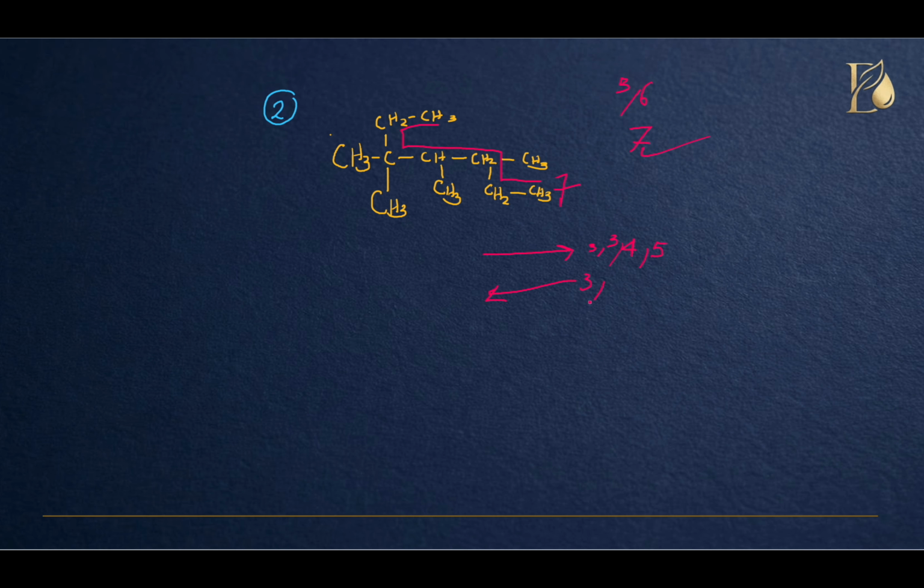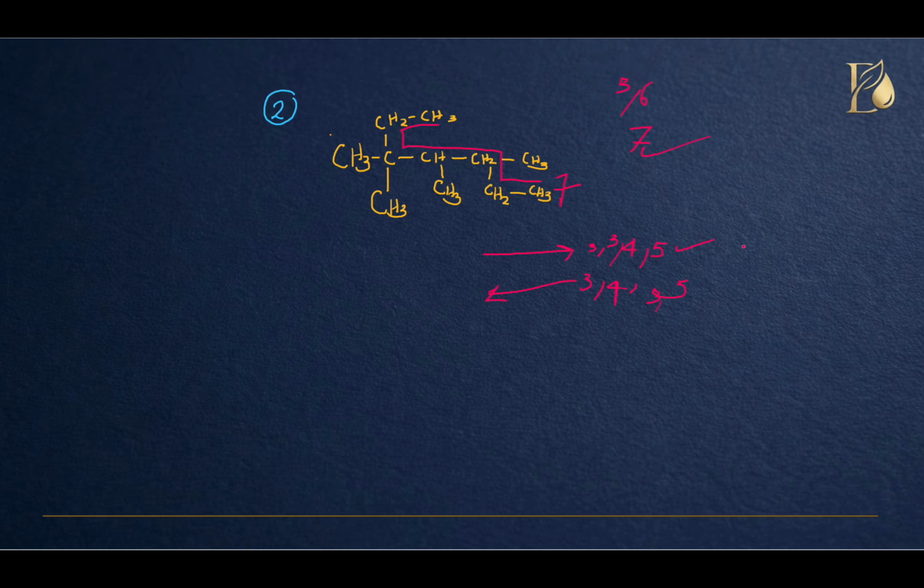Then at the 4th position there is another substituent. Then 1, 2, 3, 4, 5. At the 5th position, 2 substituents. So from these two we can choose the first one, right? Now we choose left to right.